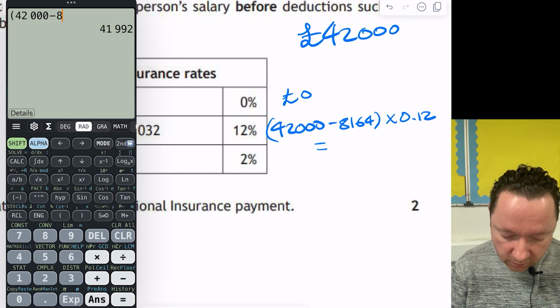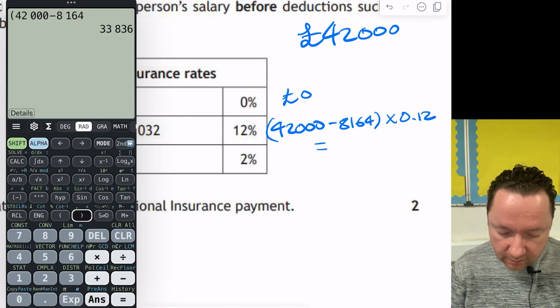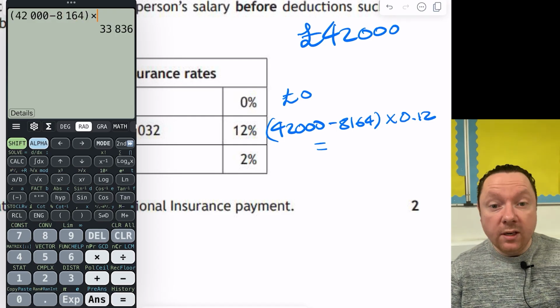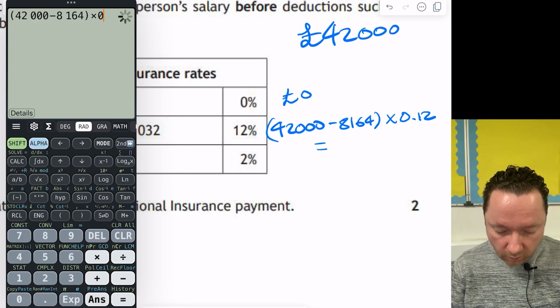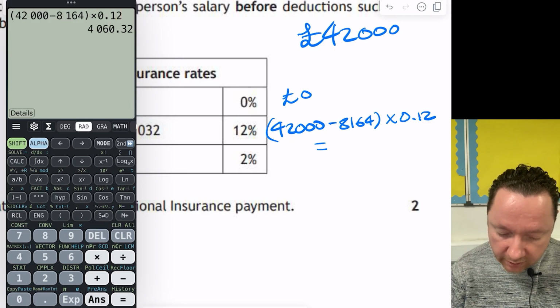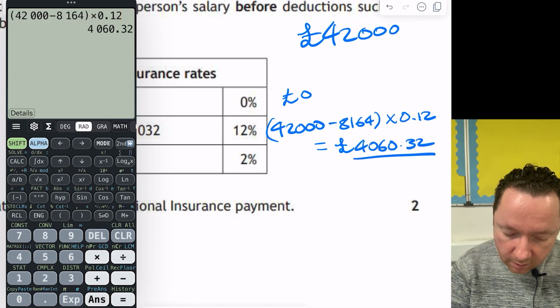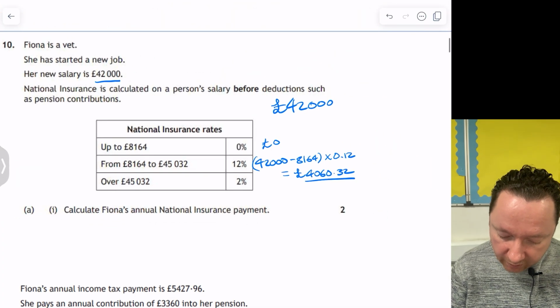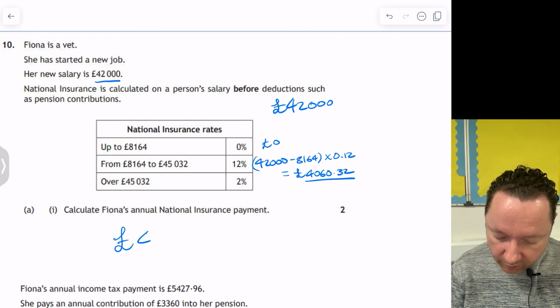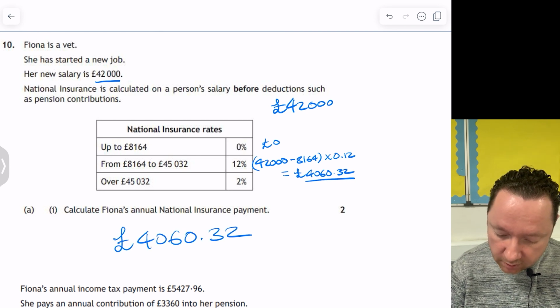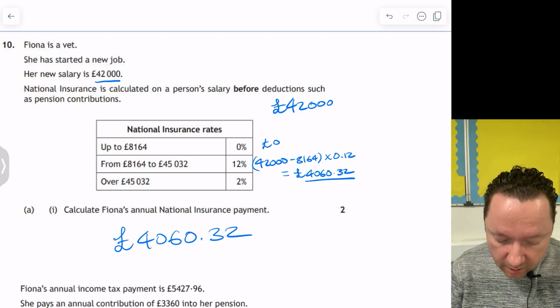Minus 8164, so I've done my brackets, times that by 12 and divide by 100, or 0.12, and that gives me 4060.32. And that's my answer. I'll just put it here just for the sake of being able to use it in a minute. Now, if it was more than one answer, like one here, I would add both answers together.